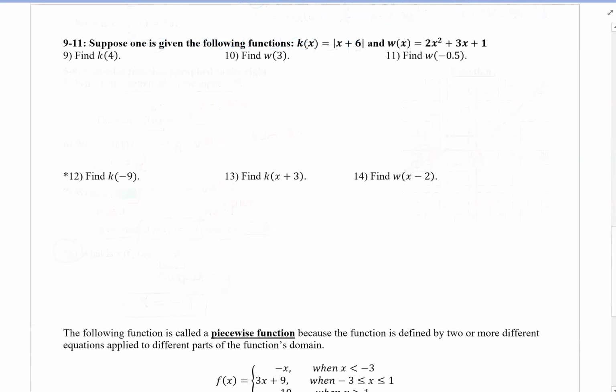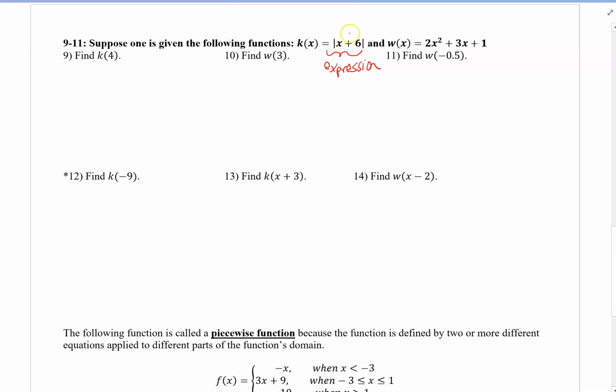Okay, so moving to our next set of examples. Another way that you will see functions represented is by using expressions. So here I have lowercase k of x being represented by this expression right here, and w of x being represented by this expression here.